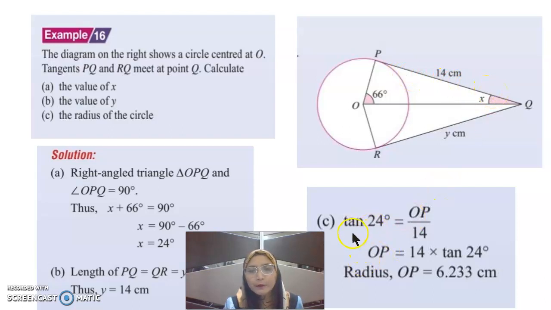Therefore, we may write tan 24 degrees is equivalent to OP, the opposite, over PQ, the adjacent, 14. Therefore, the radius OP is equivalent to 6.233 centimeters.